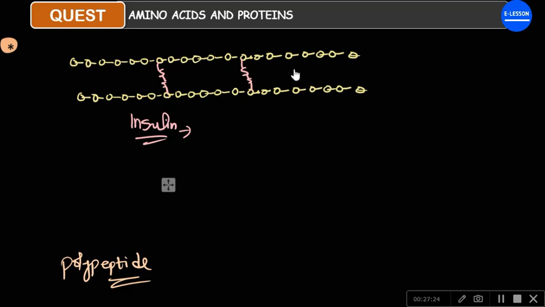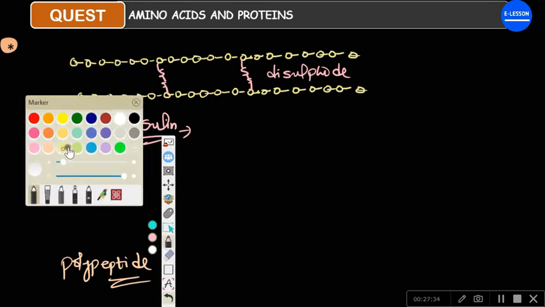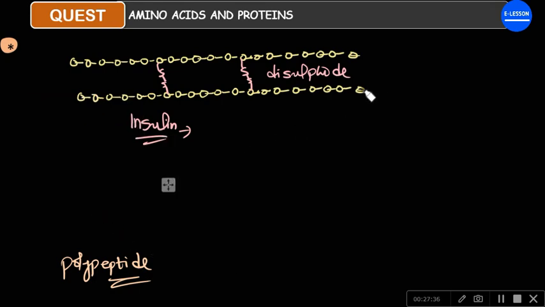Now, insulin has two chains joined together by what we call a disulfide bond. Disulfide means two sulfur linkage. Now, another thing that you also need to know, like I told you, is that these two chains can have the same number of amino acids, or they have different numbers of amino acids. One of these chains is called a polypeptide.